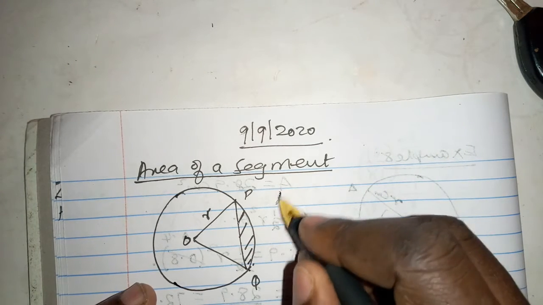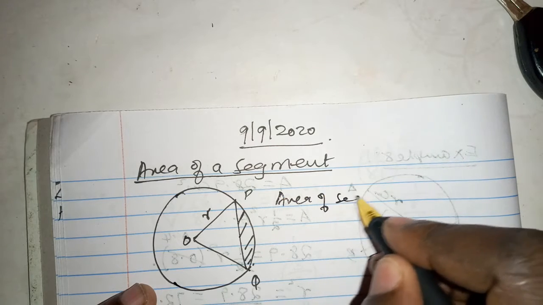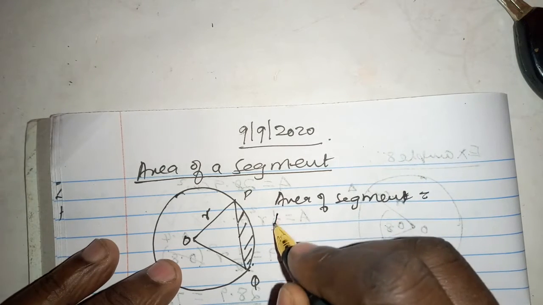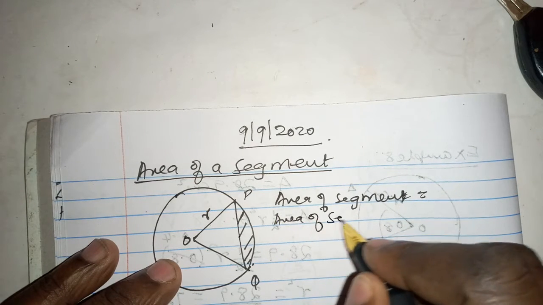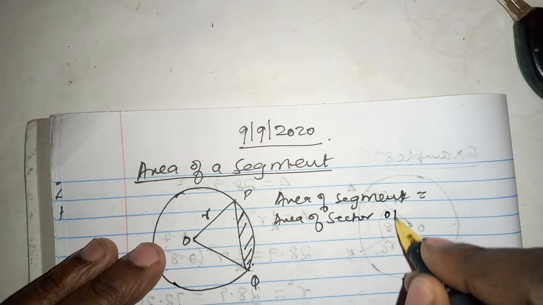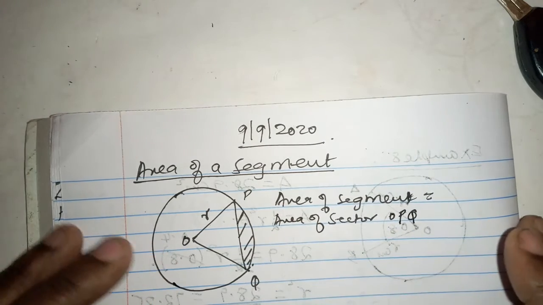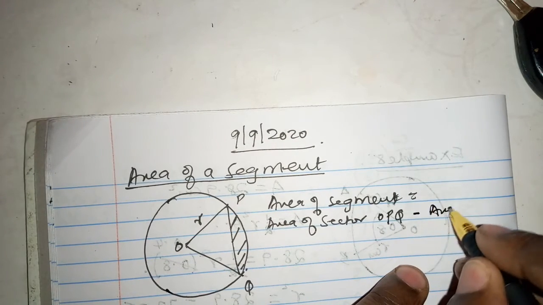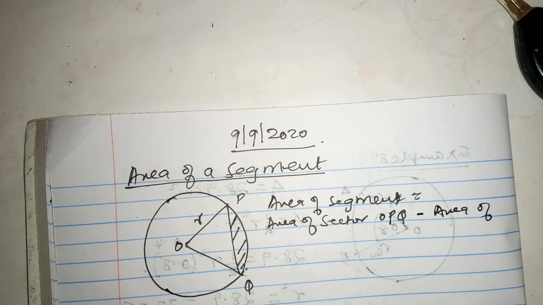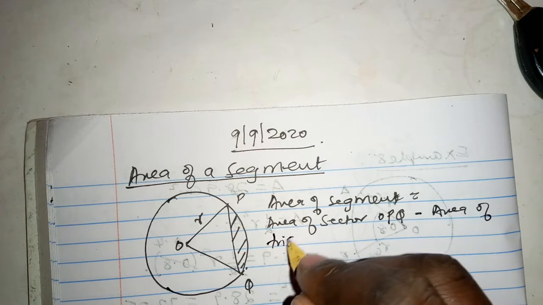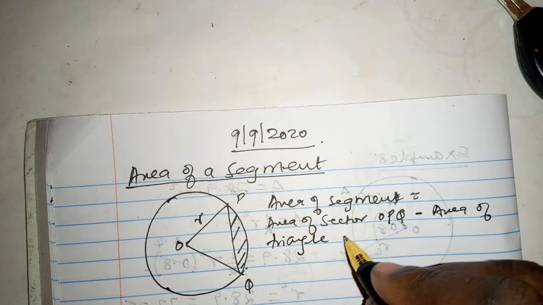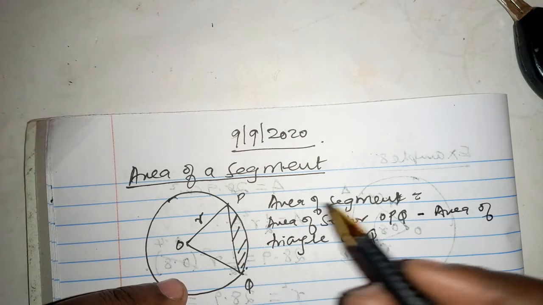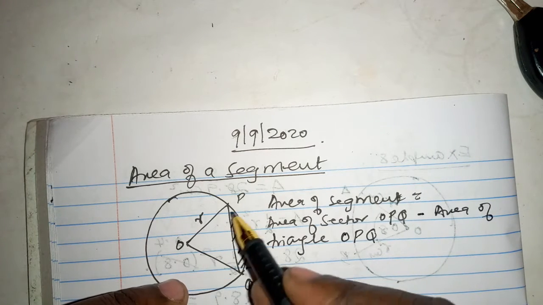this is simply: area of segment is given by area of sector OPQ minus area of triangle OPQ. Okay, I wish to name the sector differently.